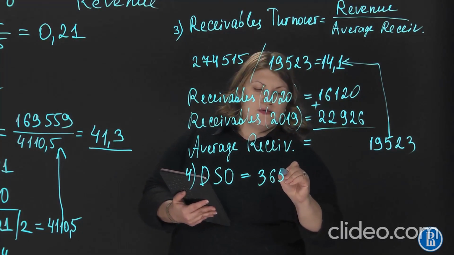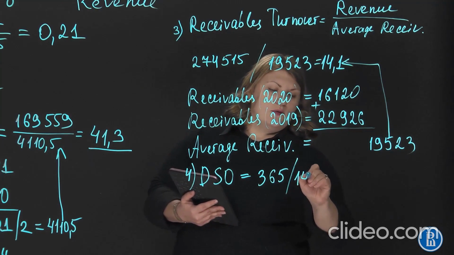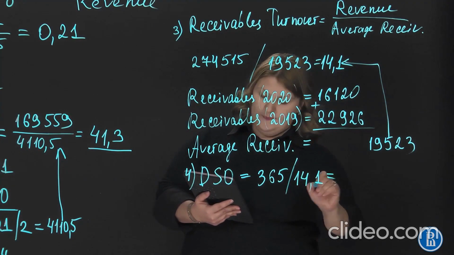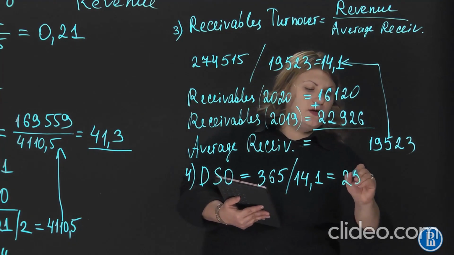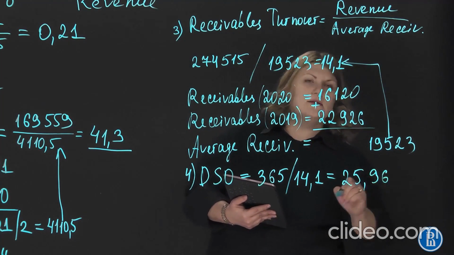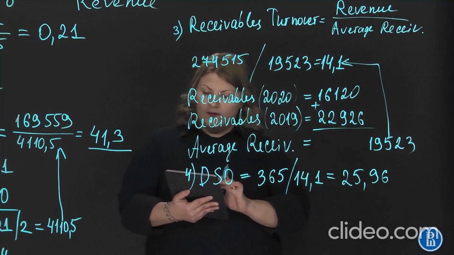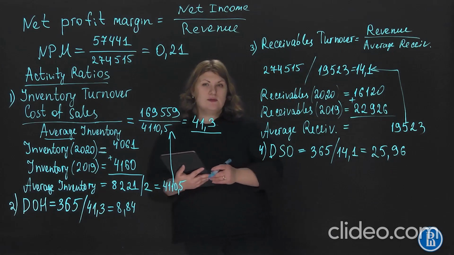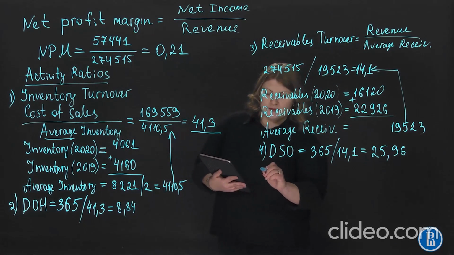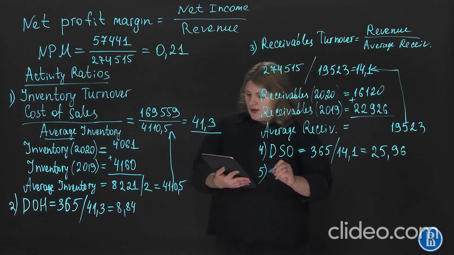It is 365 days over 14.1. And here we get 25.96 days on average.